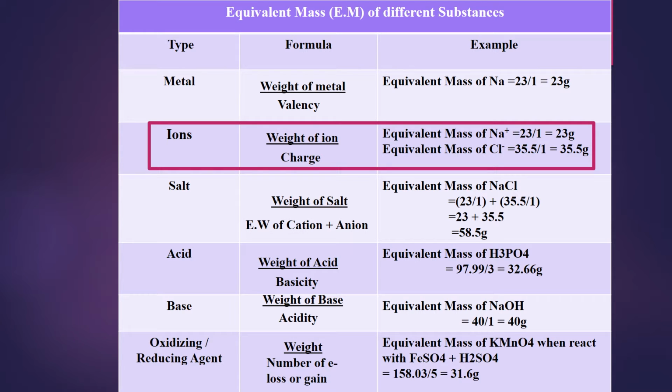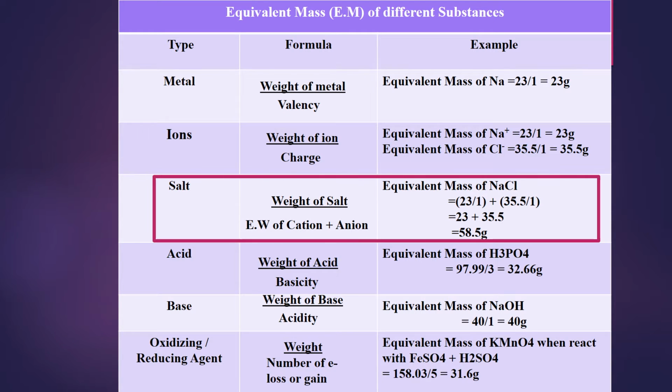For calculating equivalent mass of salt, find the equivalent masses of both cation and anion. Then add the equivalent mass of both cation and anion. For calculating equivalent mass of sodium chloride, firstly find out equivalent mass of sodium ion and chloride ion individually, which is 23 for sodium ion and 35.5 for chloride ion.